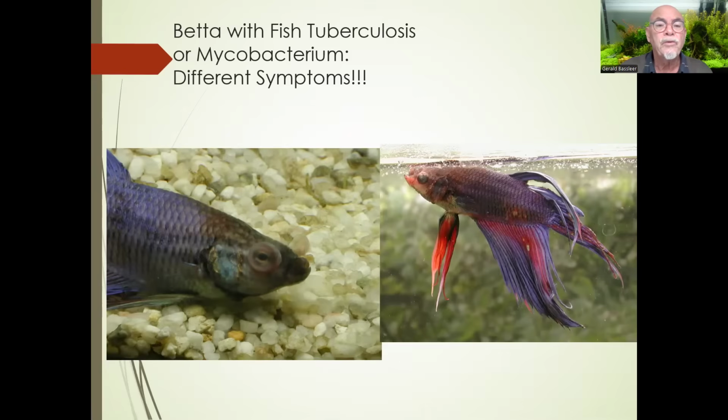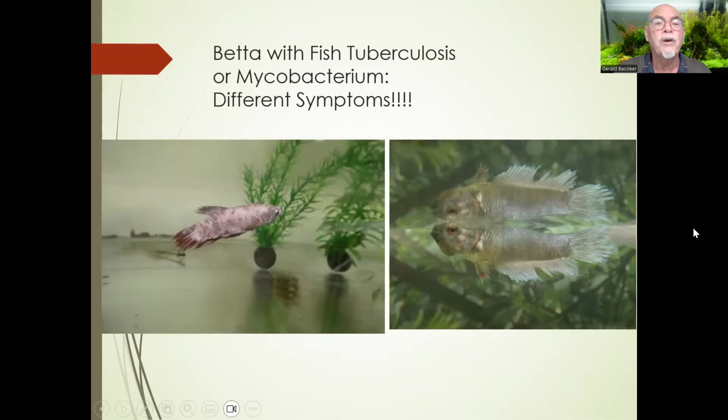We could see popeye, like cloudy eyes, on this left betta here. Also here on this betta, we can see some ulcers. We can see some holes in the fins and some damage on the tail. Many different symptoms caused by fish tuberculosis.